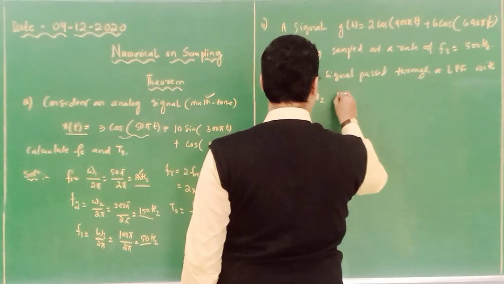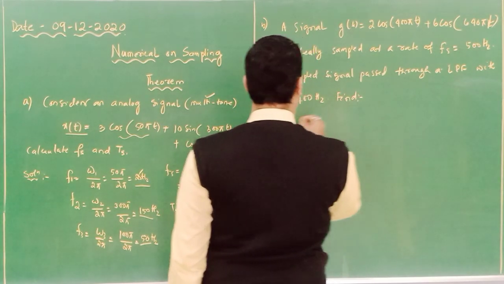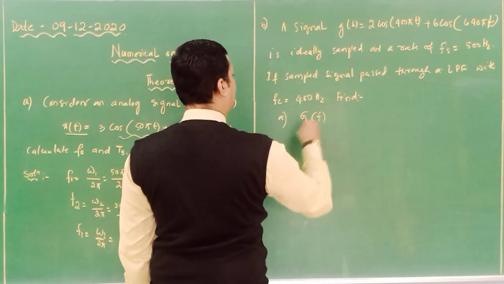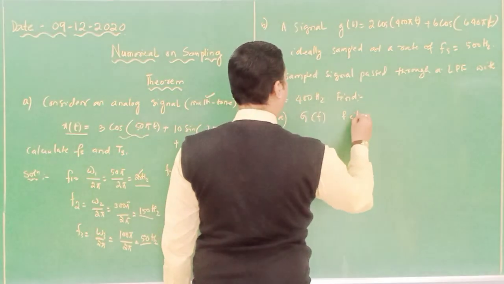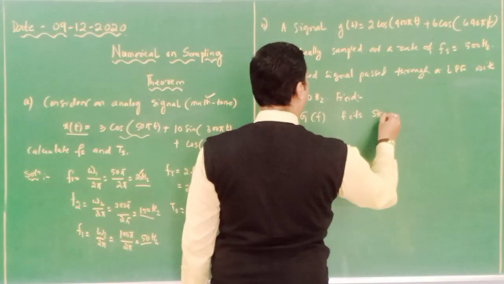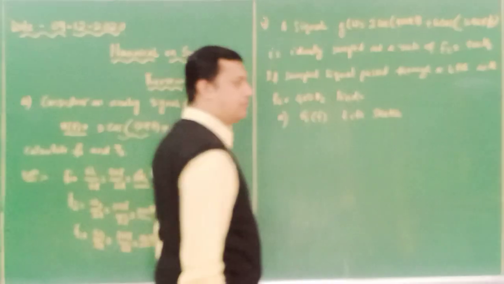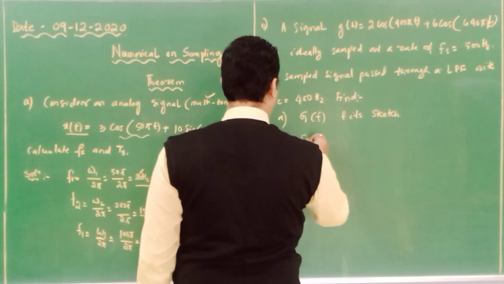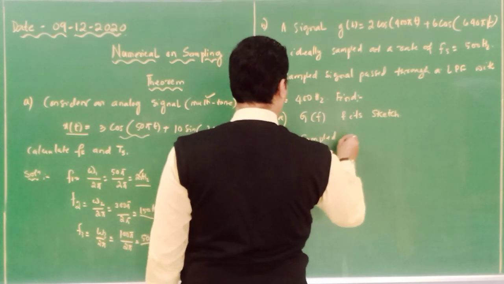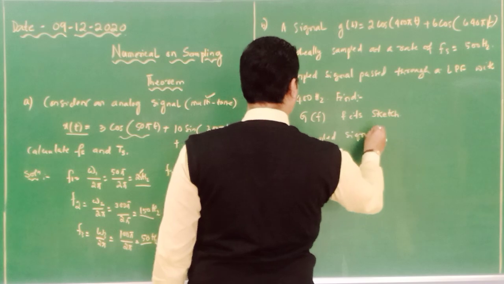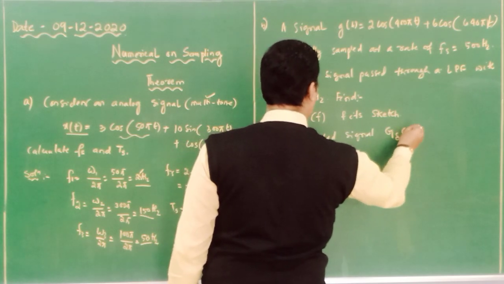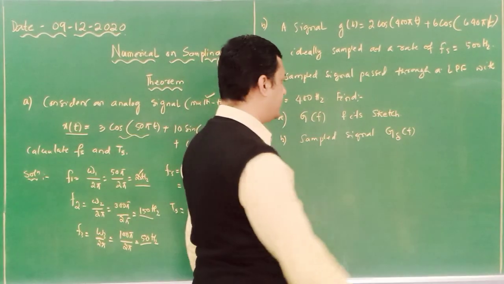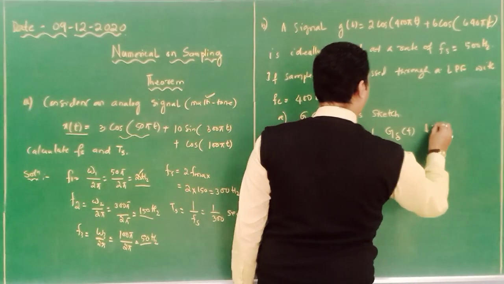Now here we need to find, part A: this is g of t, you need to calculate G of f and its sketch. Sketch means you have to represent the spectrum. Then part B: the sampled signal, that is G delta of f. That means g of t is sampled at a rate of 500 Hz, and its spectrum.